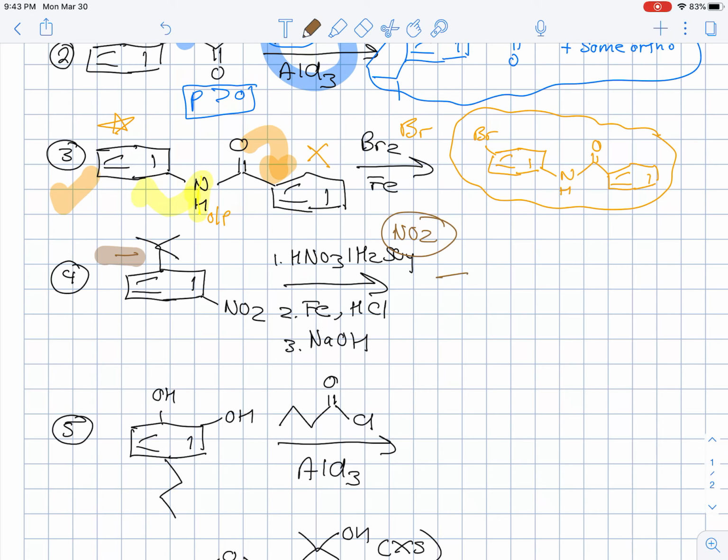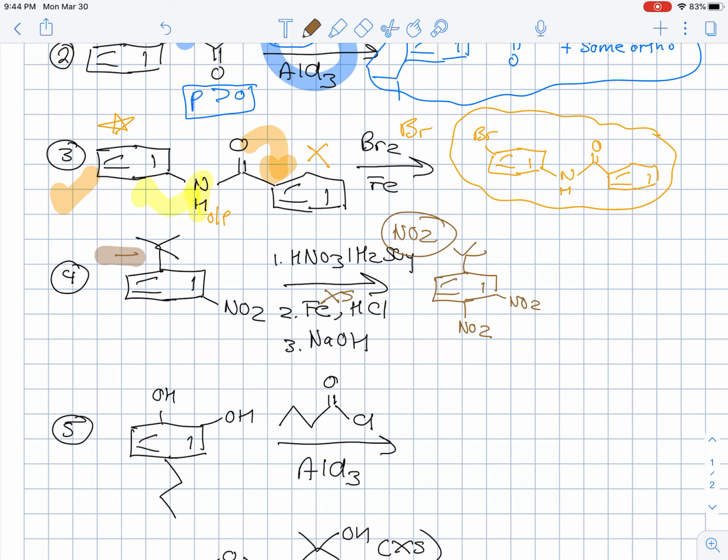So if we write the first product that we get from this, and then we're going to put a second nitro group there. And then we can ask ourselves what happens when we add the iron and HCl and so on. And what that does is it reduces the nitro group.